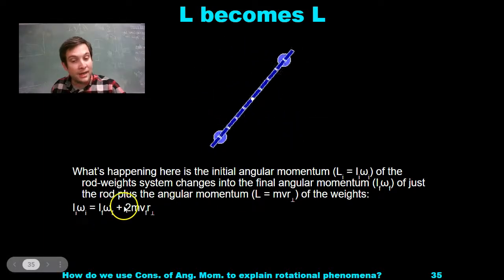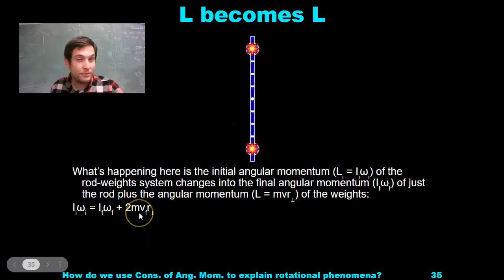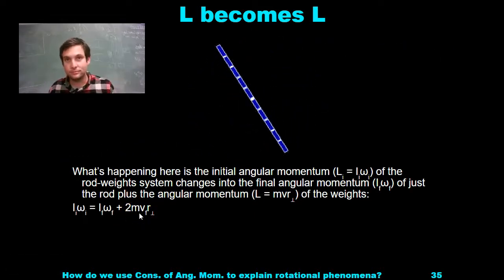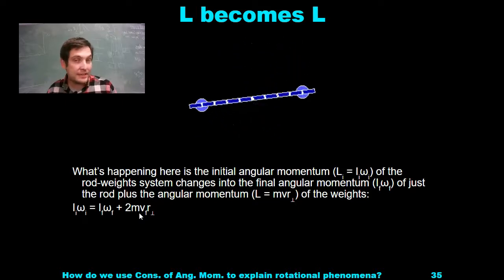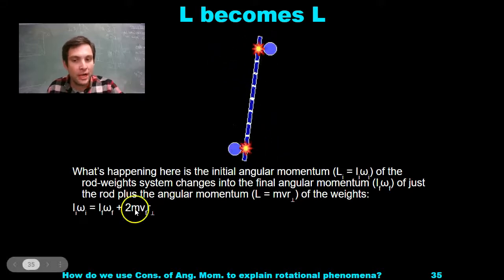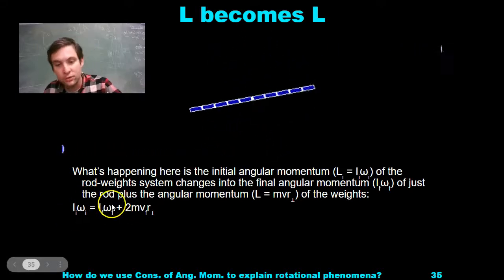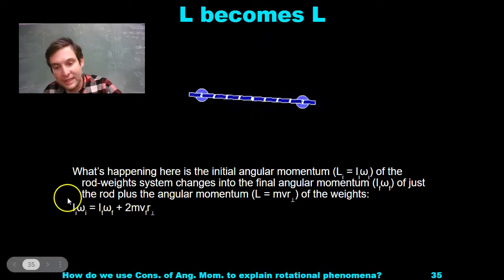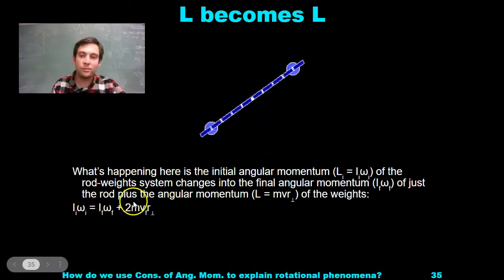We can combine these two different forms because they're both just angular momentum. So you can have the two in the same equation. That's absolutely fine, as long as all of your angular momentum in the beginning equals all of your angular momentum in the end.